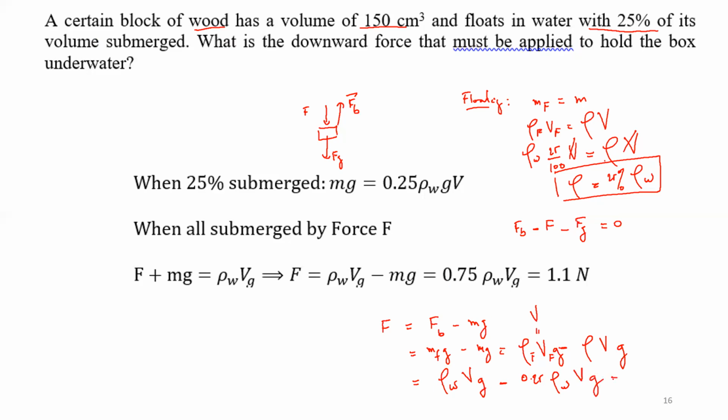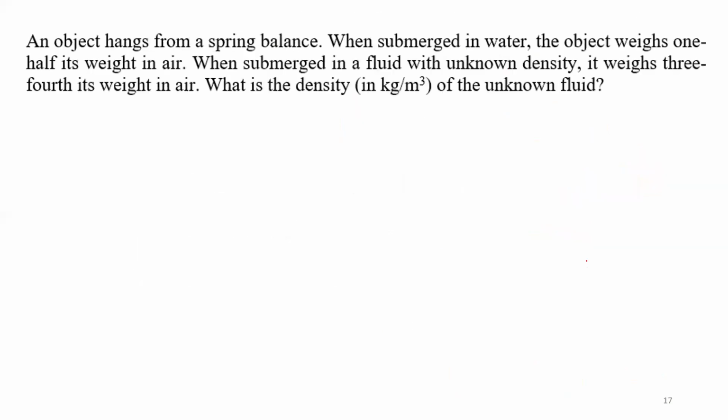So this will give me what? 0.75 rho water, volume of the object, multiplied by g. So this is the solution here, as we said. Of course, the volume of the object, I have to put it in the right units. And when I put everything in the right units, I get 1.1 Newton.